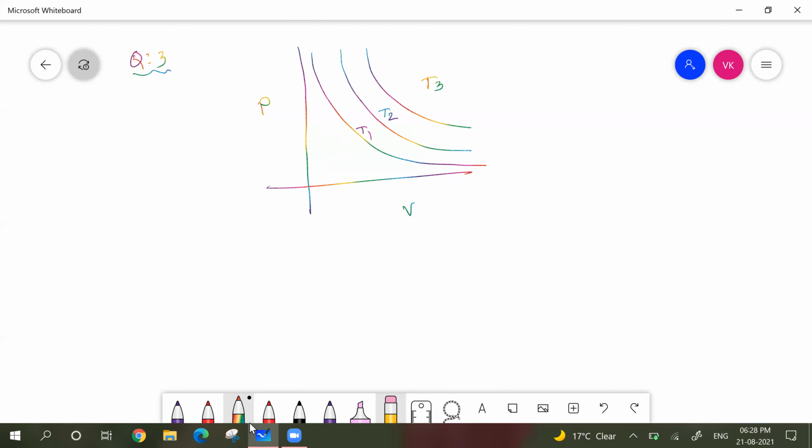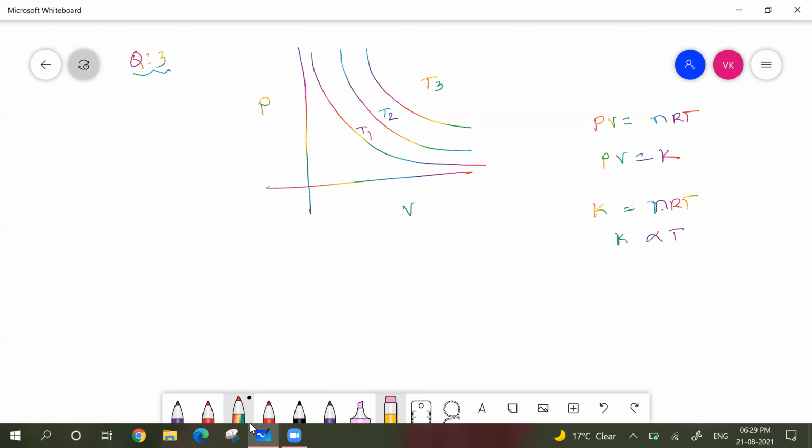The same relation, students. Again, I'm going to take PV is equal to nRT. So where PV is equal to K, we can say K is equivalent to nRT, or you can say both are constant. So K is depending on temperature.